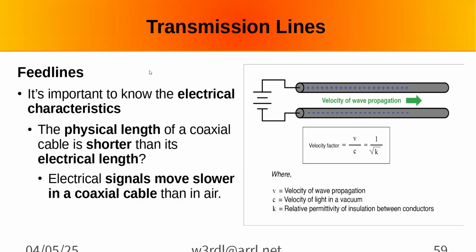Let's see. And we just talked about the physical length is going to be shorter than the electrical length. There's the formula again. It's the ratio of the velocity to the speed of light, or 1 over the square root of the permittivity constant.